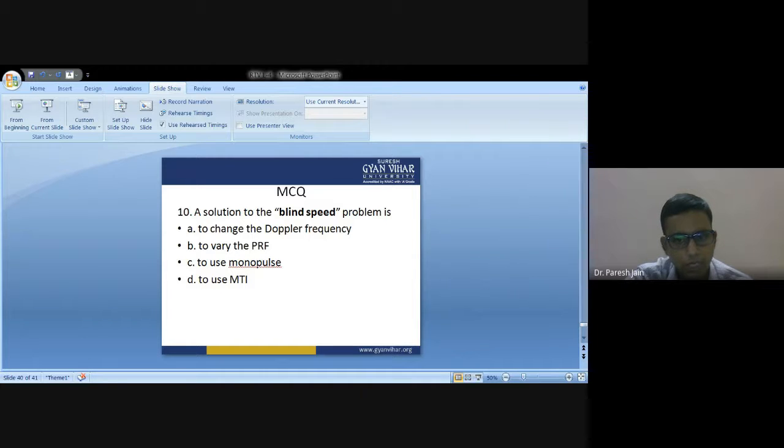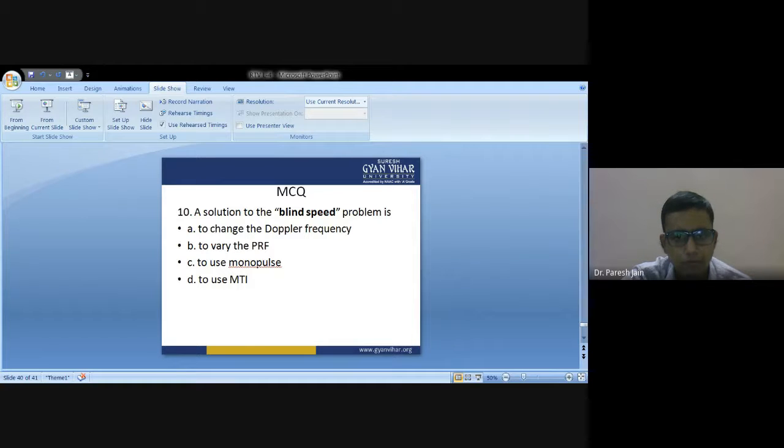So today in this lecture we have discussed the radar performance factors that affect the radar receiver as well as the radar transmitter performance. In the earlier section, we discussed the working operation of radar and the block diagram of radar.